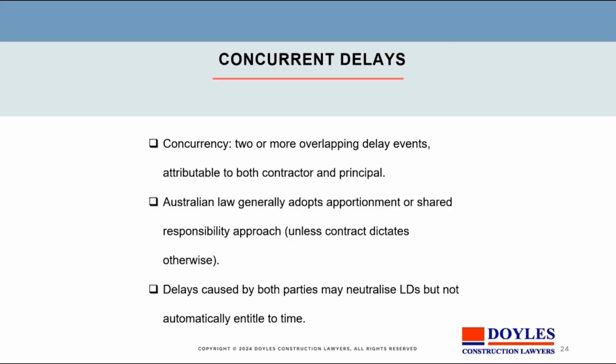If there's concurrent delay, a usual approach might be to apportion it. But if there is a provision which says in concurrent delays, one party gets the benefit and the other party doesn't, then that contract will take precedence. So it's important that you're aware of what the rules are.